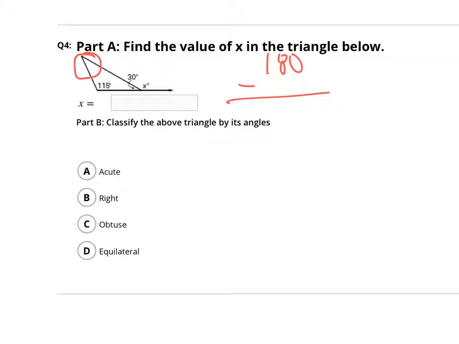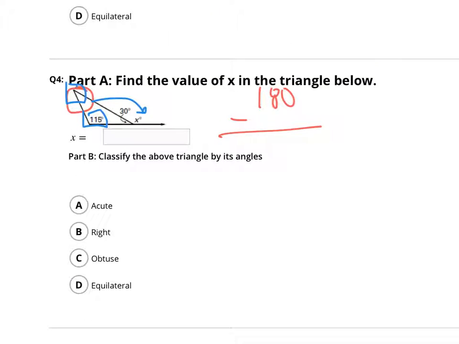Then what you need to do is take this angle and add them together. That'll tell you how many degrees x is. Okay? And then, of course, as we've been asking, acute, right, obtuse, or equilateral triangle.